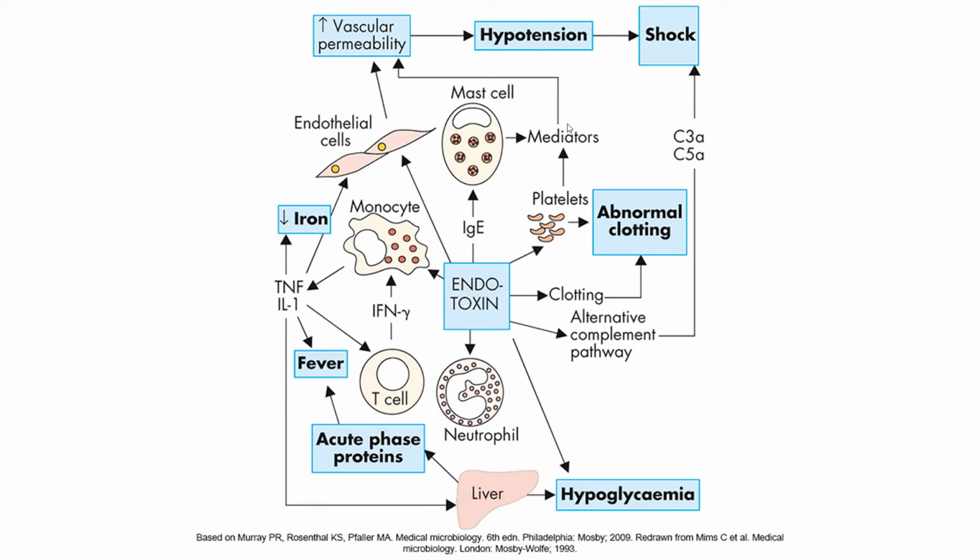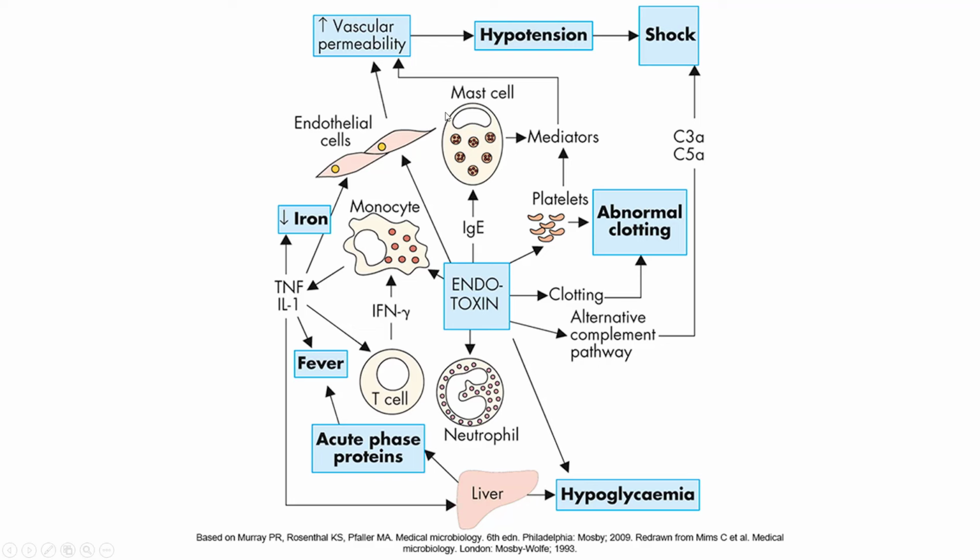In this picture, it shows you that the endotoxin activates each and every aspect of our immune system and the inflammatory response. So it causes IgE antibody, which causes mast cell release. It activates platelets, activates clotting, it activates neutrophils, it activates monocytes, and you see a huge number of cytokines will be produced.